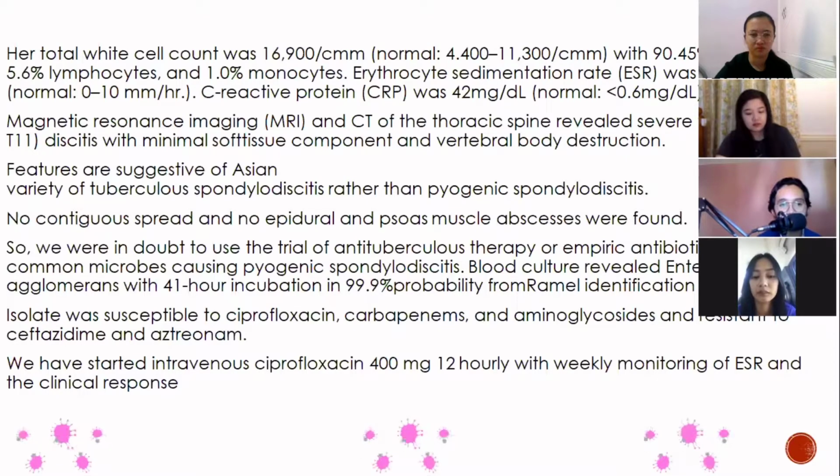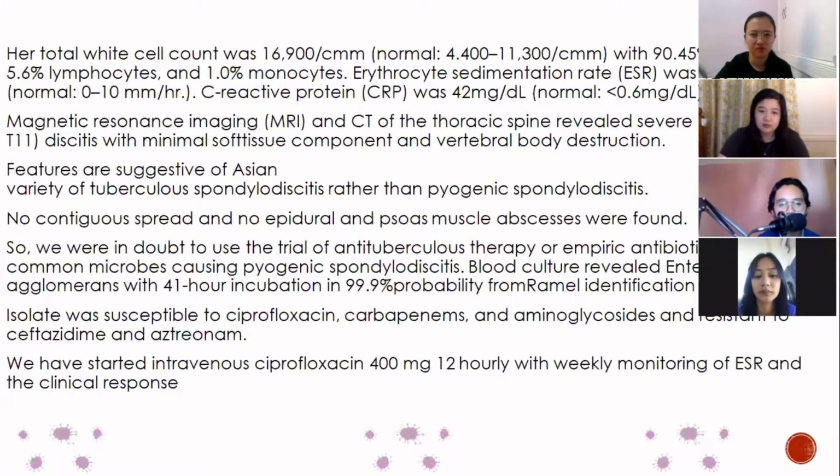So we were in doubt whether to use a trial of anti-tuberculosis therapy or an empiric antibiotic to cover common microbes causing pyogenic spondylodiscitis. Blood culture revealed Enterobacter agglomerans within 41 hours of incubation, with 99.9% probability from the Ramel identification system.